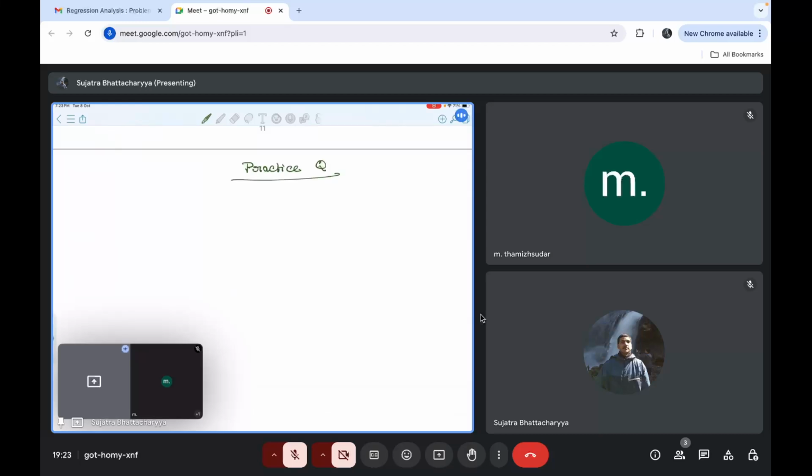The question, or the data set, let me write the data set first, and then we will do it one by one. This is the observation, then X, then Y. I'm writing it first. There are 10 observations.